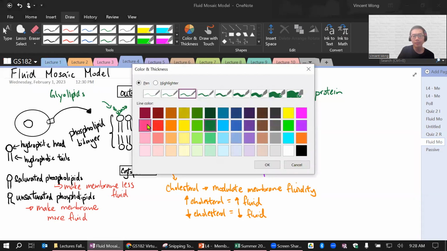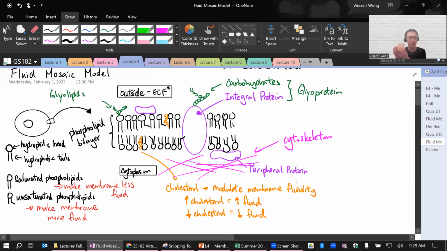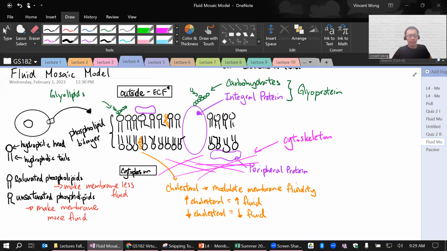And on the inside of the cell, right, we talk about those cytoskeleton, right? The actin filament, for example. So they provide attachment sites for the peripheral proteins. Right? So the cell membrane is not going to be flopping around. It's going to have some anchorage point. It's like building a tent.